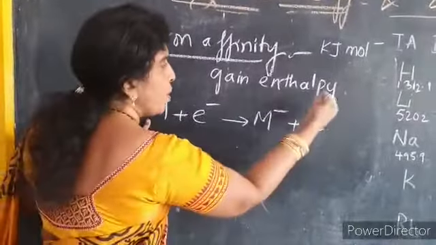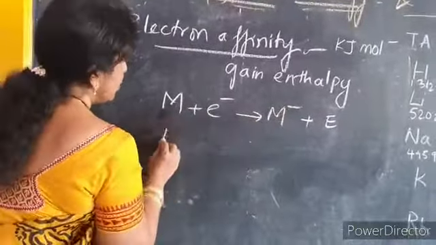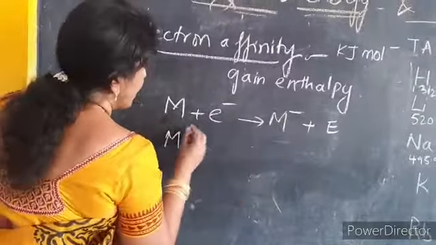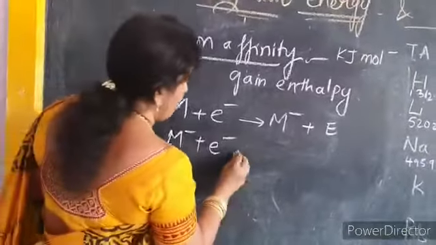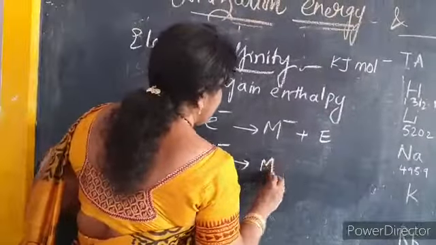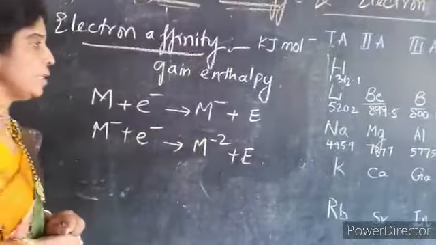So this you can call the first electron affinity. Then to this uni-negative ion, when we add one more electron, it becomes -2 and again energy is liberated.